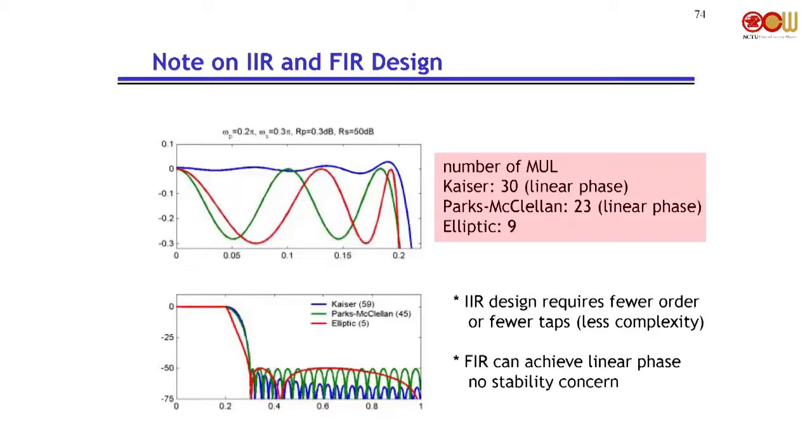And here we also talk about the number of multipliers actually needed in the implementation. For Kaiser window, we say the order is 59, so there are a total of 60 coefficients. But remember the window is symmetric, and the ideal low-pass filter is also symmetric. So the filter has a generalized linear phase, and the coefficients are symmetric.